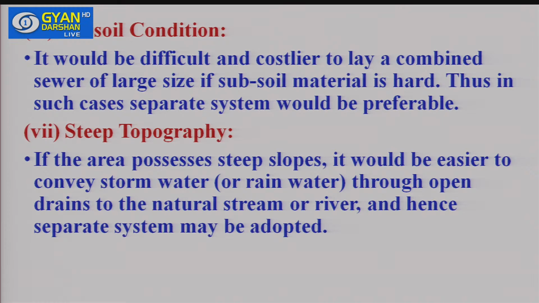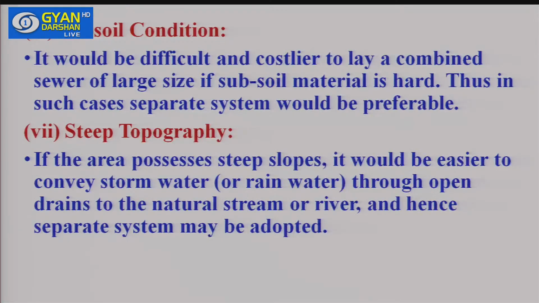So in such a situation, it is better to have a separate sewerage system, because we can easily dispose of our rainwater or storm water through open drains, and for a small amount of sewage we can design small size sewers. So cutting of that soil will be less, so it will cost less.